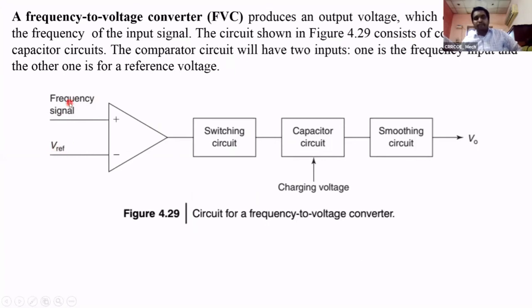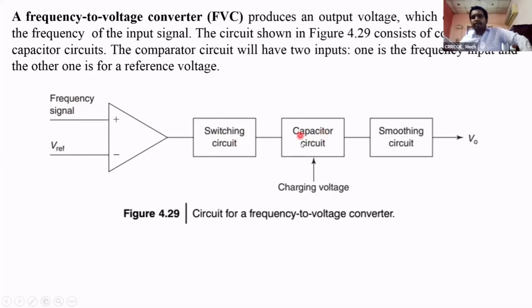If the signal is more than the reference voltage, only then does it enter the switching circuit. If the frequency signal is below the reference voltage, the signal is not allowed. Only the signal above the reference voltage is allowed to turn on the switch circuit, which causes charging and discharging of the capacitor.